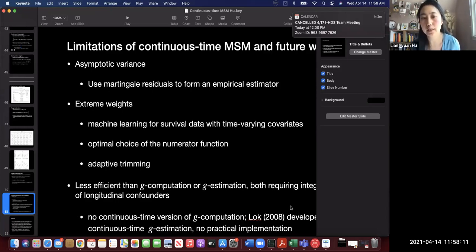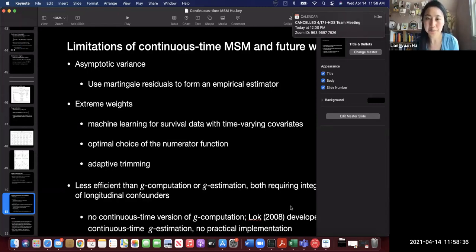But the weights could also be a bit unstable because they're based on density functions. That opens up research opportunities: how do we stabilize the continuous time-varying weights?